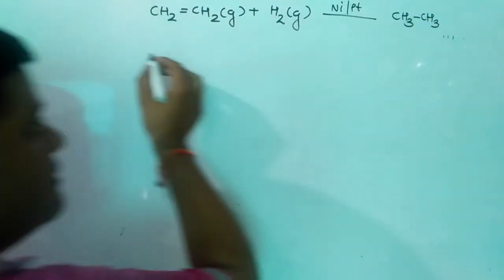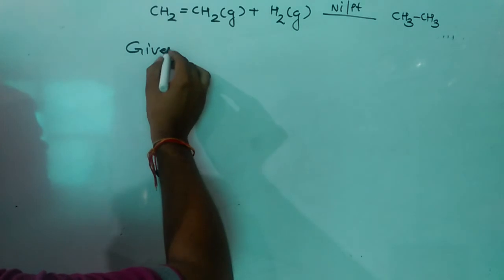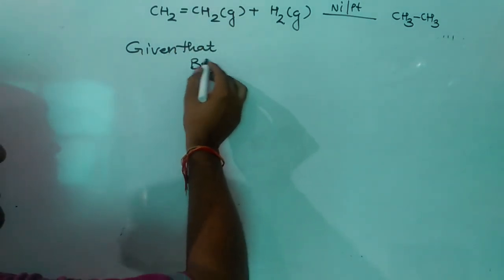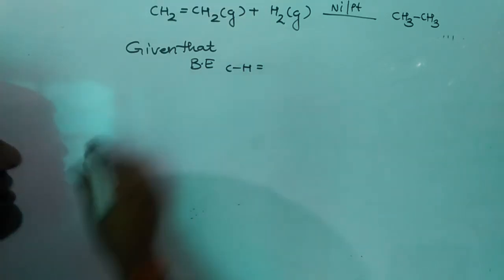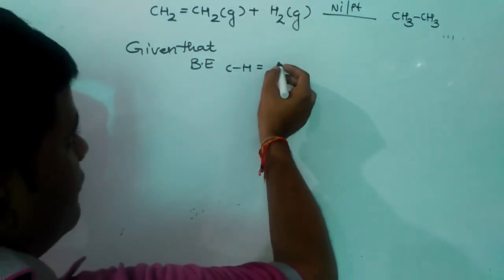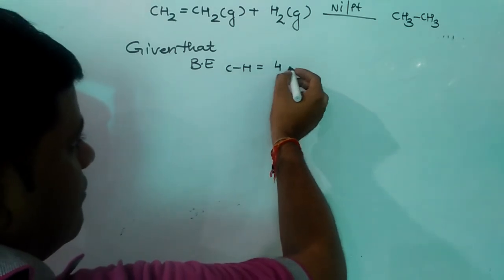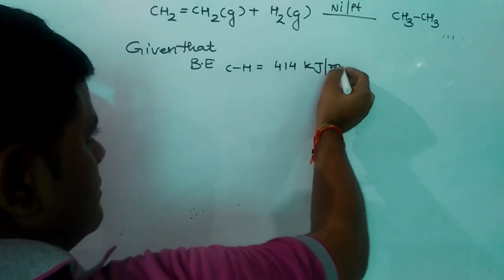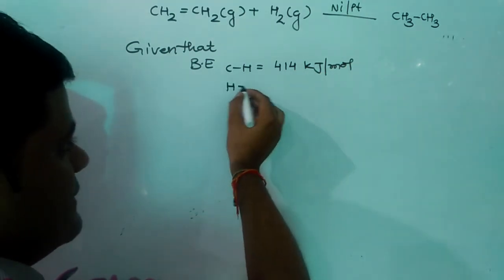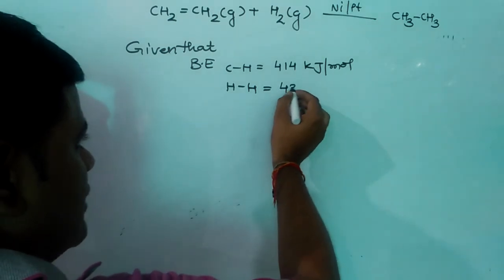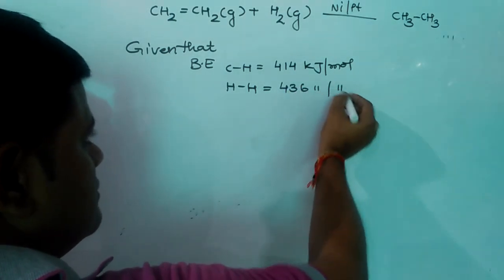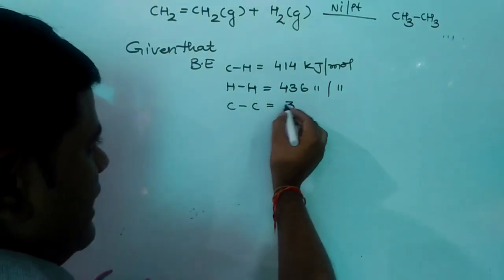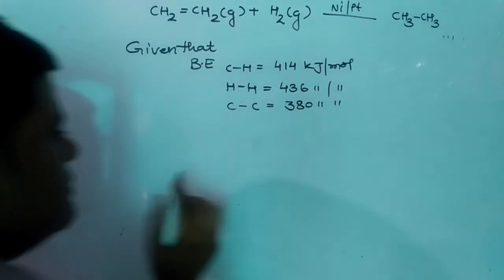Given that the bond enthalpy of carbon-hydrogen bond is 414 kilojoule per mole, the bond enthalpy of hydrogen-hydrogen bond is 436 kilojoule per mole, and the bond enthalpy of carbon single bond is 380 kilojoule per mole.